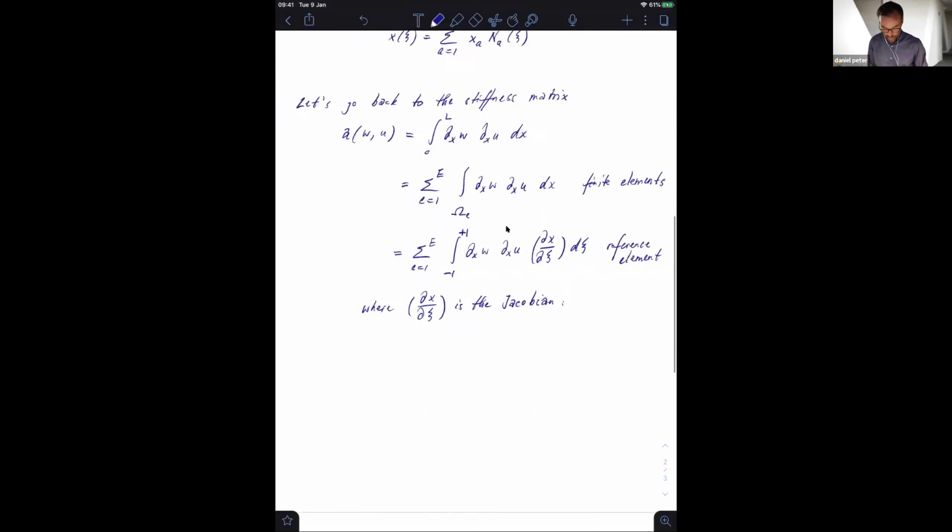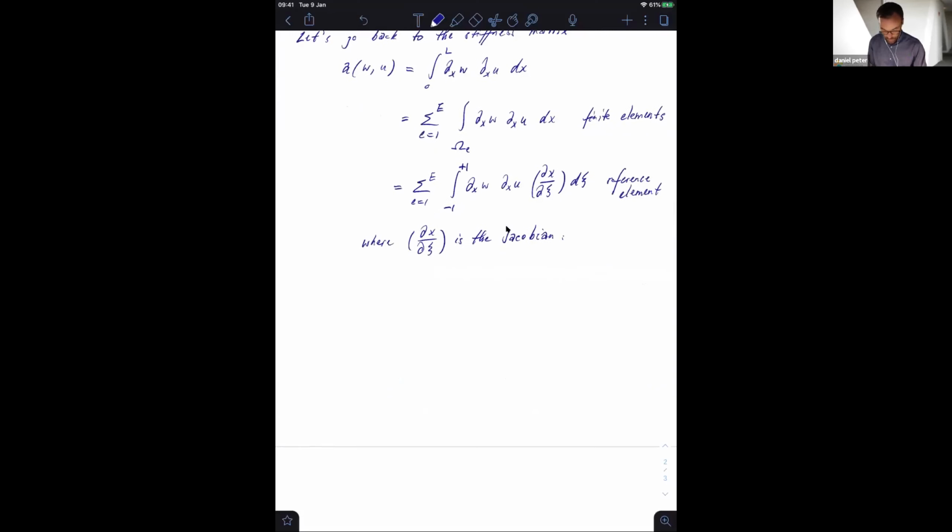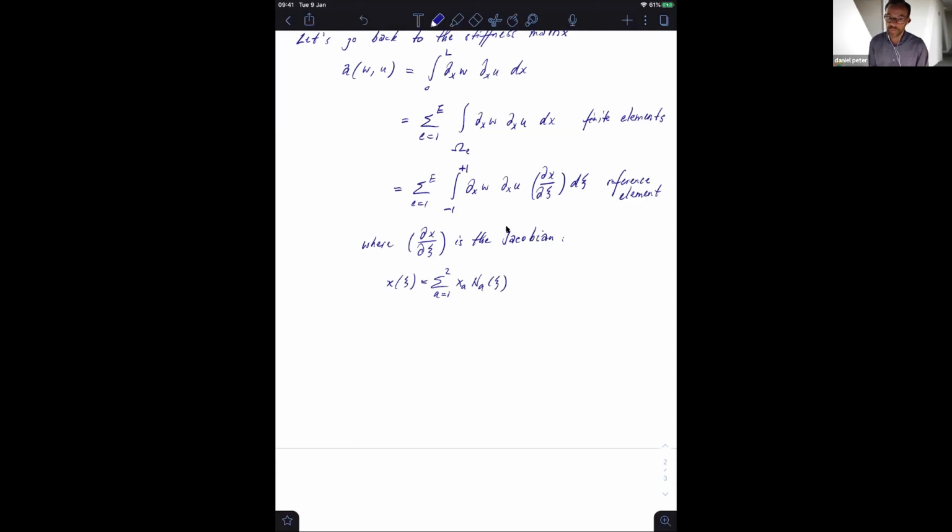So how does that look like? Well, we know what the mapping is. Let's put it here again. The mapping we had is this sum over xa times the shape functions in the reference element.